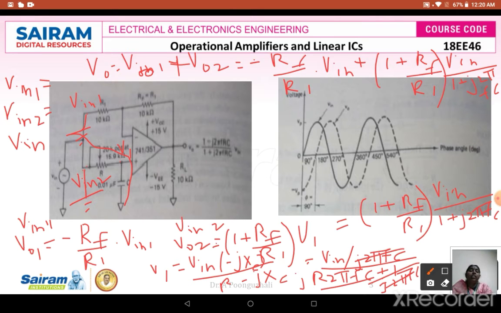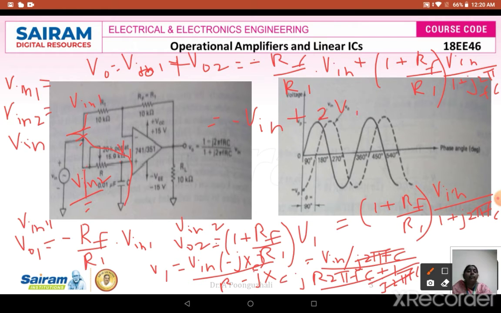So now we know that Rf is equal to R1 for an all pass filter. So when Rf is equal to R1, this becomes 1. So that means it is going to be minus Vin plus, Rf by R1 is going to be 1, means 1 plus 1 is going to be 2.